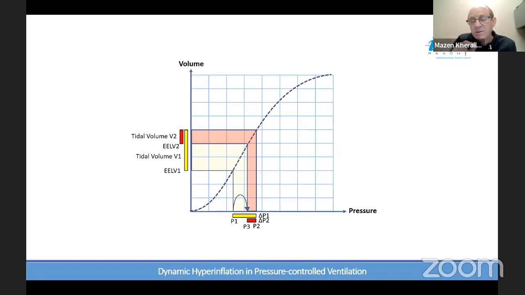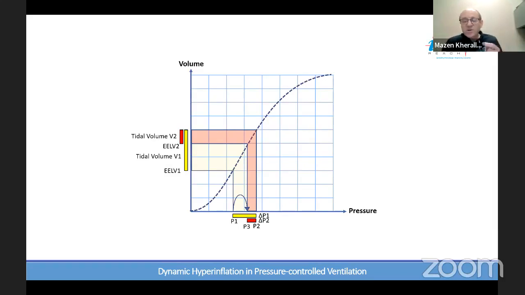Again, time constant is the time needed to exhale two thirds of the inhaled air, and the formula for it is resistance multiplied by compliance. So time constant in asthma is increased because of increased resistance, and that's why those patients require a long expiratory time. On the other hand, time constant in ARDS is decreased because of decreased compliance.